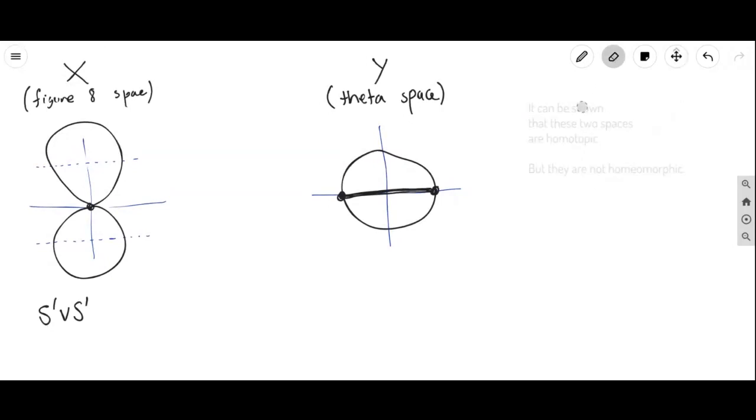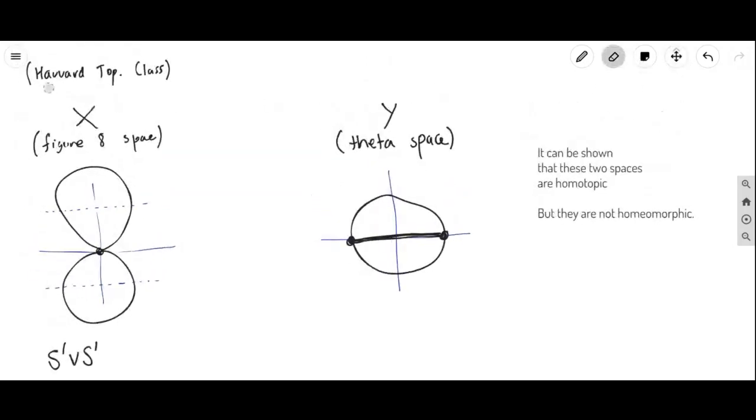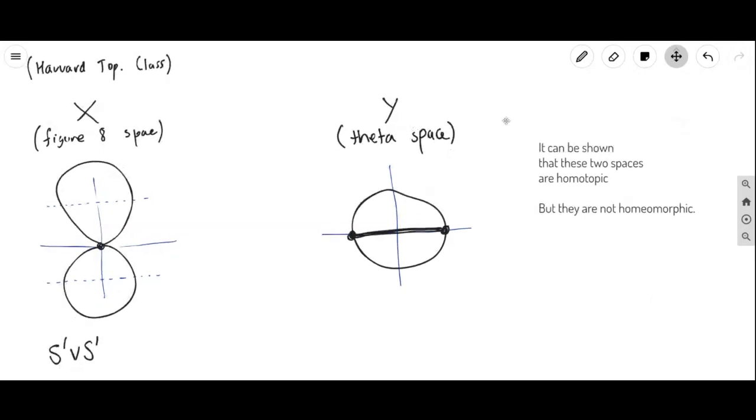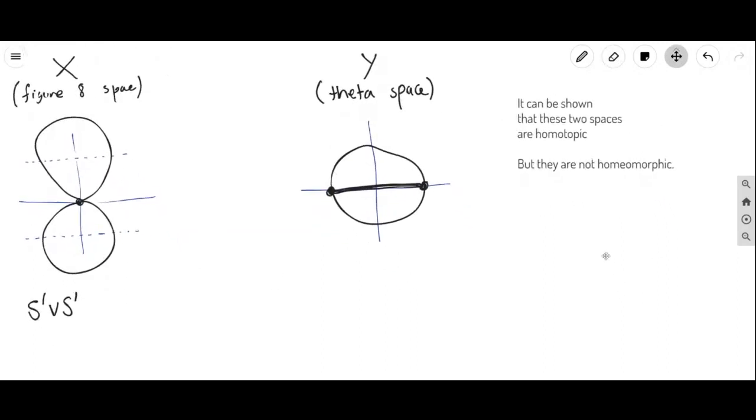Now, in that Harvard exercise I came across, if you want to find it, you can probably search Harvard topology homework homotopic space and look at maybe the first results that come up, and then you'll see these kinds of pictures. They provide a bit more detail if you want to look at this.